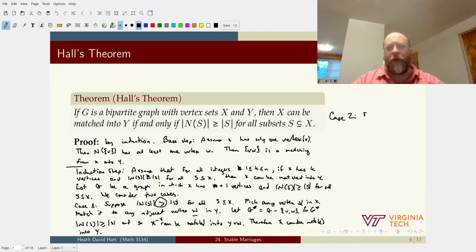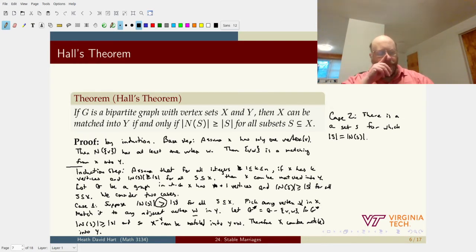So there is a set S for which the number of neighbors of S is equal to the size of S. Okay?